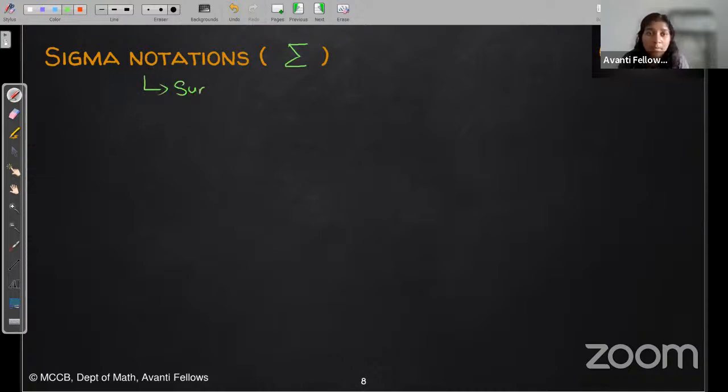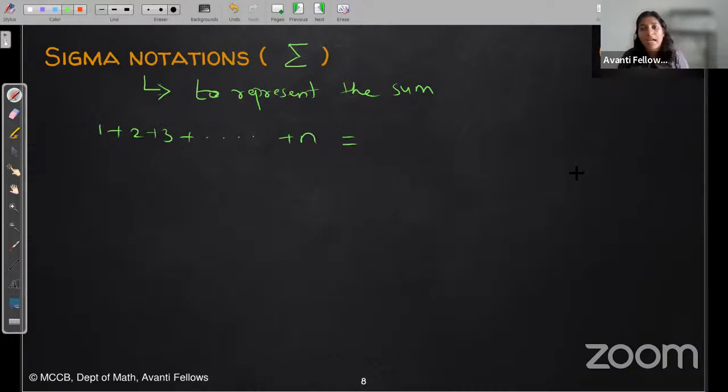Let me write it properly. Suppose we have a sum of the series like 1 plus 2 plus 3 and so on up to n. Every time we can't write all the terms, right? So we make use of this symbol to represent the sum.